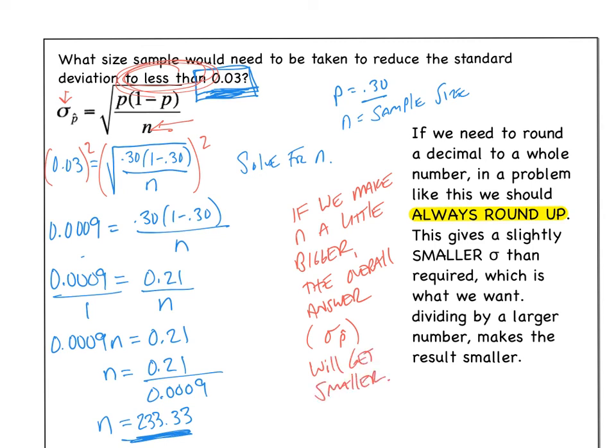And that's what we want. We want our standard deviation to be less than. So we're going to round up. So round n up. Instead of 233.33, I'm going to use 234 people. If I round up that denominator a little bit, my overall answer will get smaller. Okay, so always round up. I have that right here.